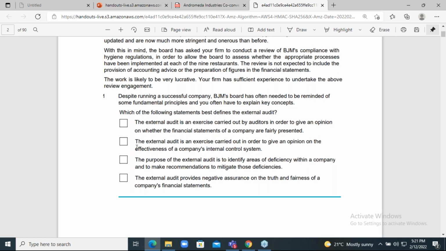But why are B, C, and D wrong? This is very important because in the requirement it was written best defined. The word is best defined. Now, yes, Isha, you are right.